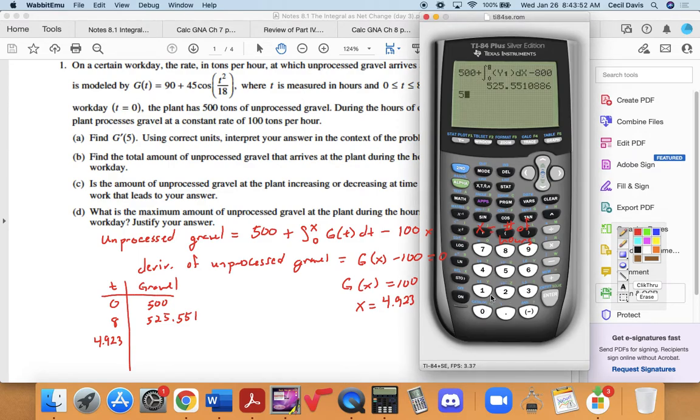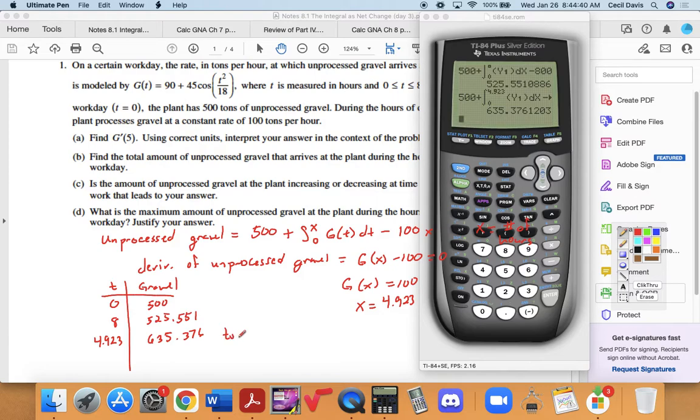So that's 500 plus the integral from 0 to 4.923 of my function with respect to x, minus 100 times 4.923. So that's 635.376 tons.